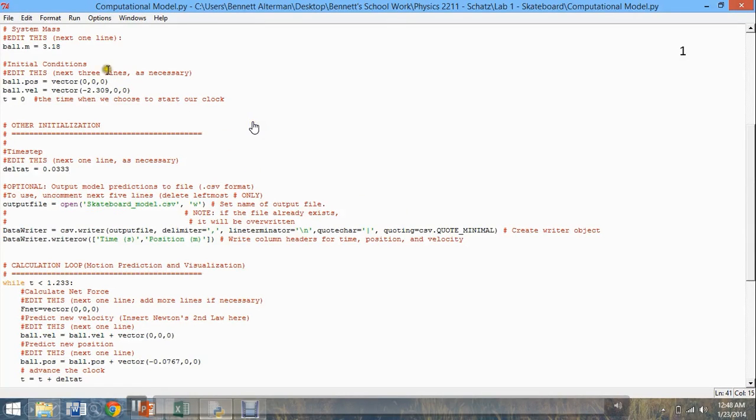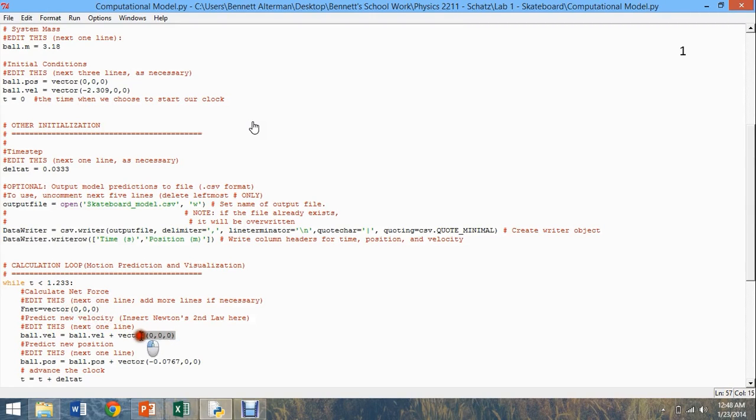I've taken the mass of my skateboard to be 3.18 kilograms. I also have the initial position vector at 0, 0, 0, or the origin, as well as the initial velocity of negative 2.309, which I took from my tracker data. I also have a delta t of 0.0333, which is an average of the time change in my tracker data. My total time of the video is 1.233 seconds.